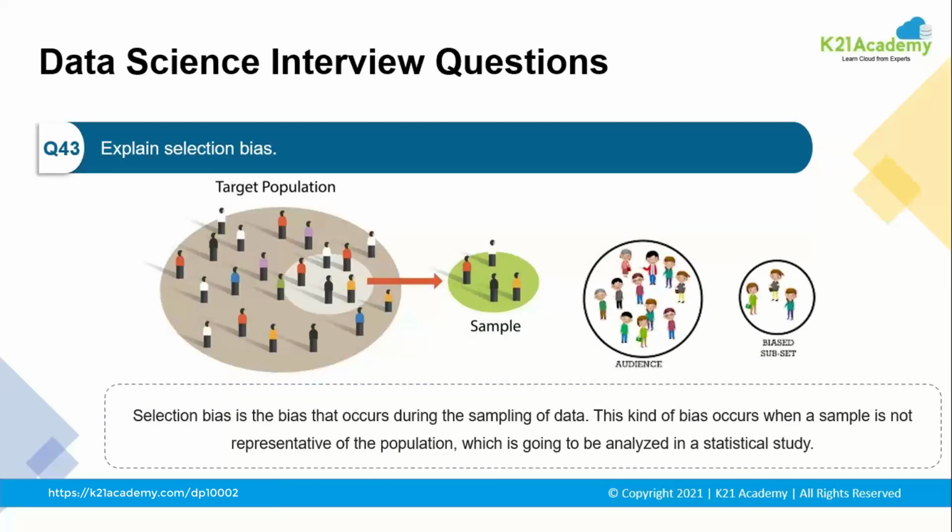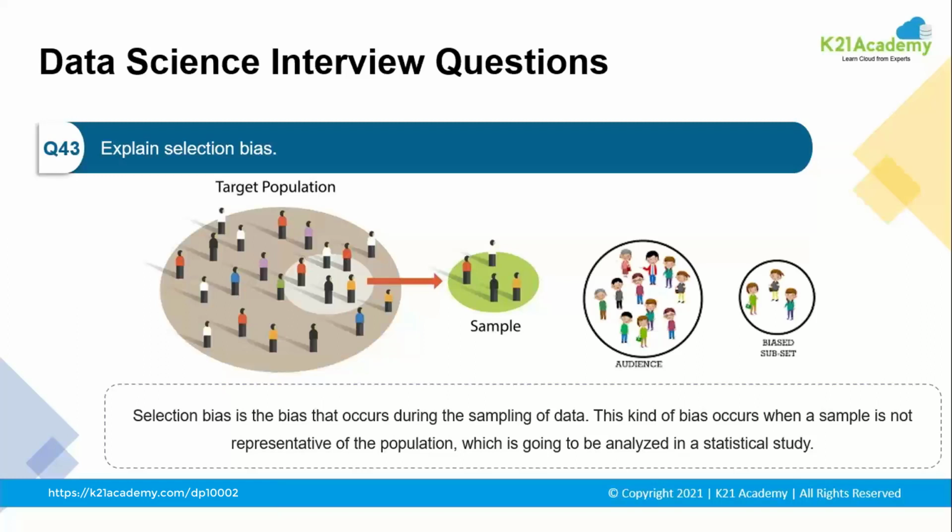Alright guys, so let us now move on to the next question. Explain selection bias. Selection bias is a bias that occurs during the sampling of data. This kind of bias occurs when a sample is not representative of the population which is going to be analyzed in a statistical study. So what do I mean here? Let's say you have 1,000 records, that is 1,000 rows in your data set.